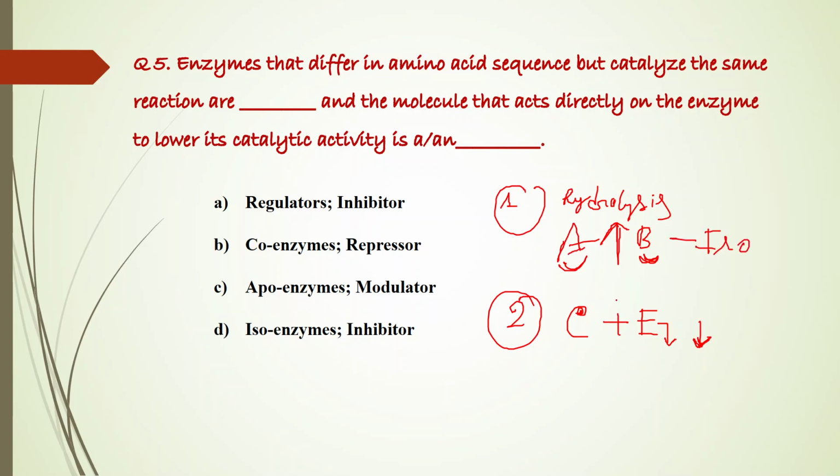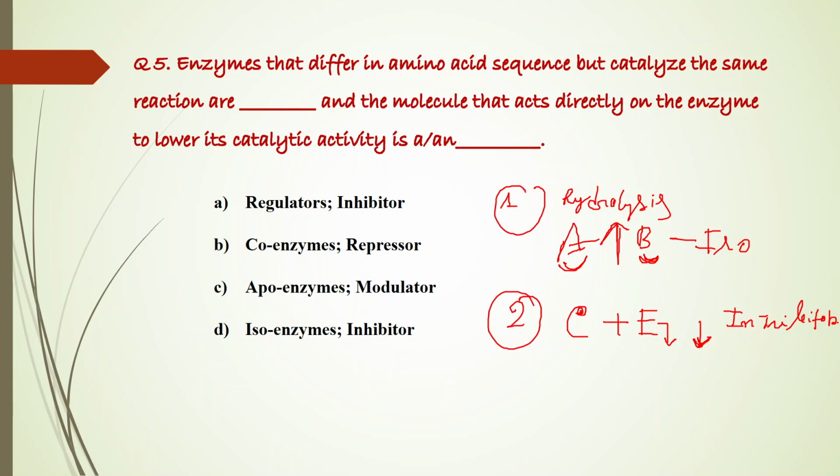And the second option, where a molecule attaches directly to the enzyme and then decreases its catalytic activity. Obviously, whenever you can decrease the catalytic activity of an enzyme, it will be an inhibitor.